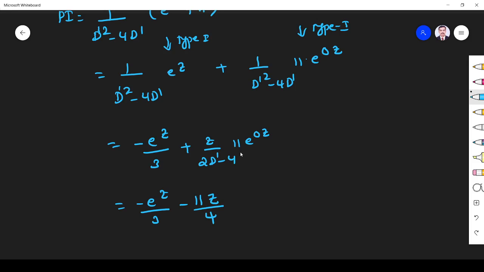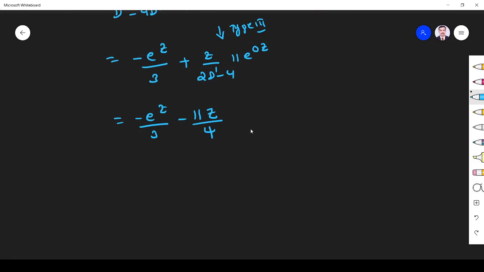You have to integrate it, so it is nothing but integration. You know how to solve this also, 1 by 2 d dash, which looks like type 3. Solving that we get minus 11z divided by 4.